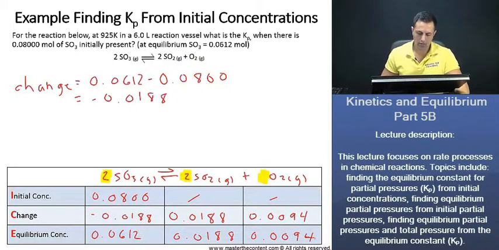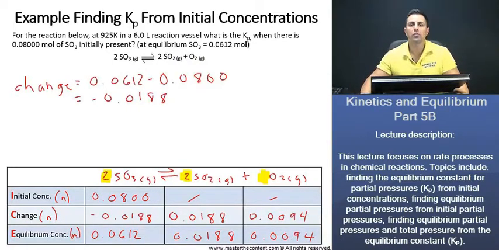Wonderful. Okay, great. Let's now continue with our problem on the next slide. Oh, I should have written this in as well. So we're working here with moles, moles, moles. Now what we can do is go to our next slide.